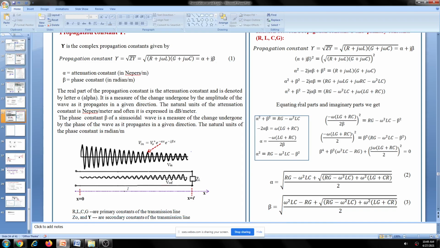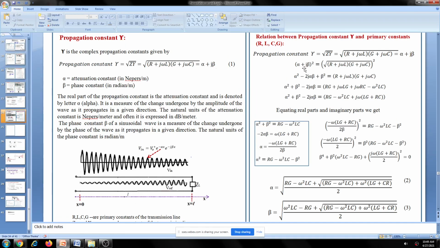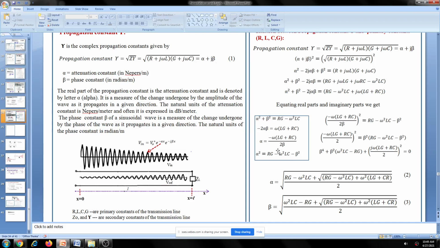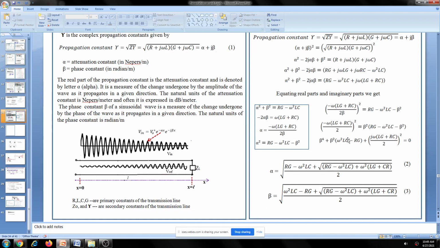Now rearranging, equating the real part and the imaginary part of this expanded equation, and after some mathematical manipulations, which I have written here for you to go through, you can express it as a quadratic equation like this.